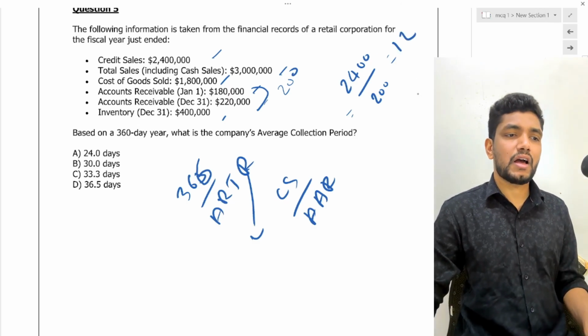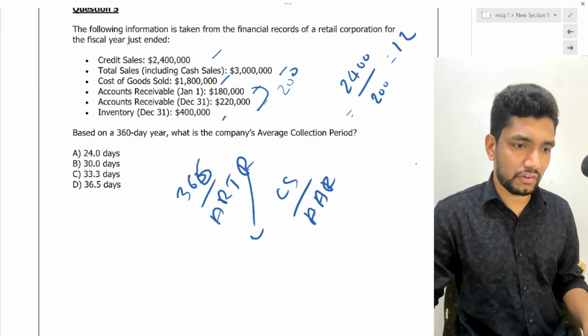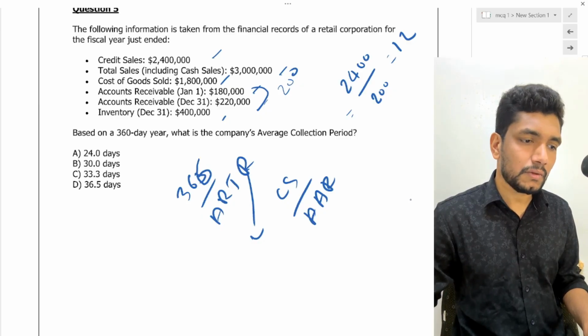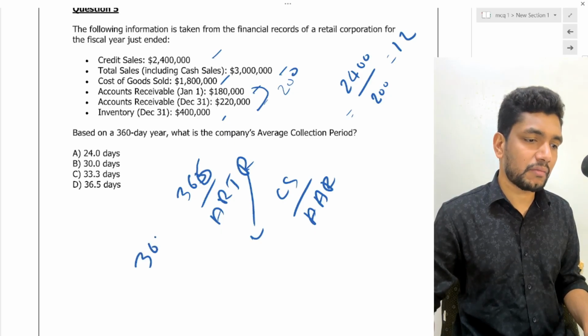So 12 is the account receivable turnover ratio. So you have to apply this account receivable turnover ratio in this formula, that is 360 divided by 12.